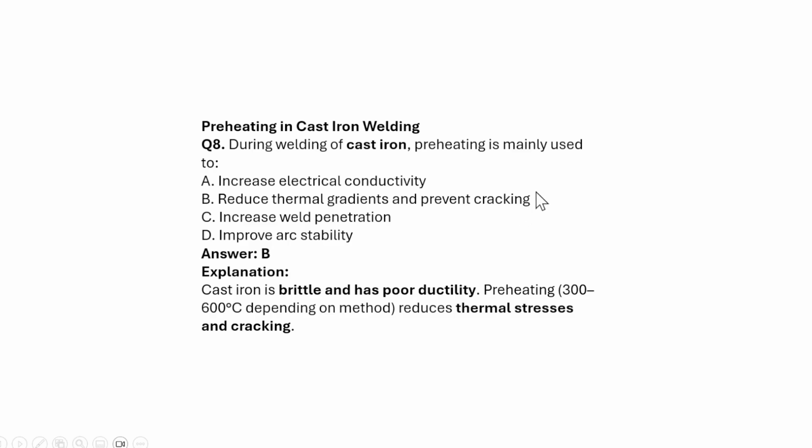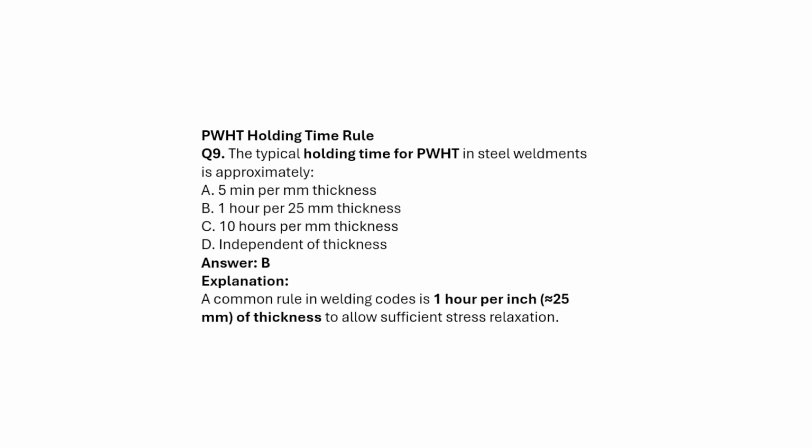So it will be reducing the thermal gradient only. As the carbon content increases, we have to give more preheating. Here in this case, it can reach up to 600 degrees, but in the case of low carbon steels, we generally go up to 200 degrees maximum. So an increase in carbon content results in the requirement of higher preheat temperatures.